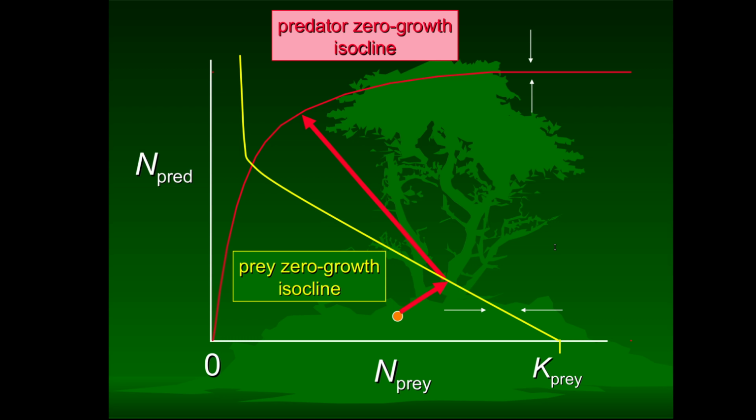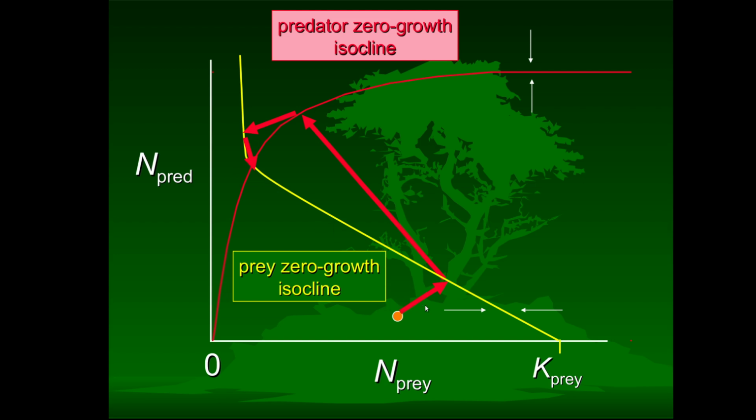So this prey isocline prevents the prey population from dropping all the way to 0 as a result of predation. And we can also make the predator isocline more realistic by making it sigmoid or S-shaped, like the type 3 functional curve, to indicate also that the predator shifts to a different prey species when the prey drops to low density.